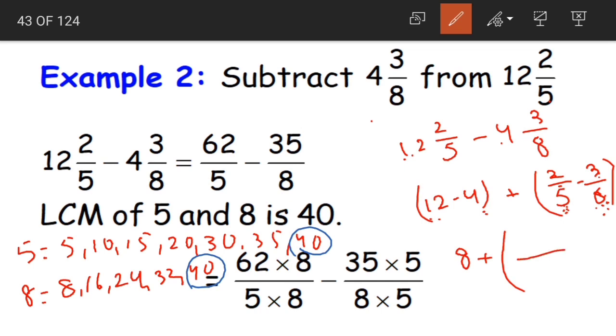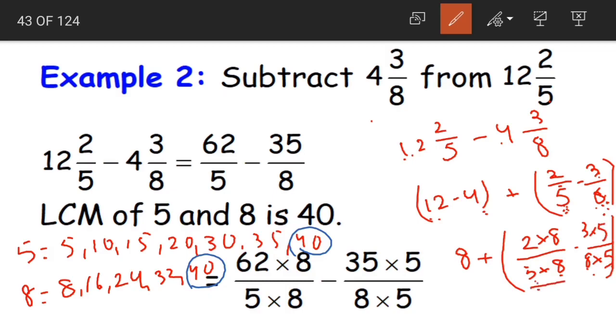So what will 2 by 5 become? What should we multiply 2 by 5 with? We want 40 in the denominator, so we will multiply with 8. 5 8s are 40. And then here we have 3 by 8. We are having 8, so we need to multiply with 5. Yes children, 8 5s are 40.